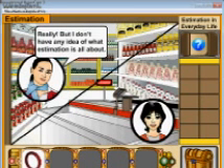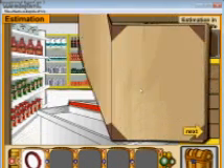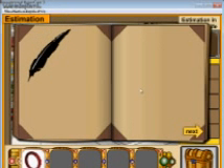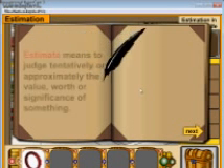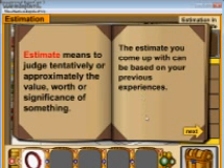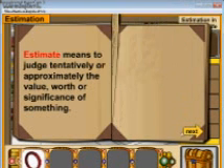All this is estimation. And the plume is right here. Now, estimate means to judge tentatively and approximately the value, worth, or significance of something. The estimate you come up with can be based on your previous experiences. So, to make it clearer, here.